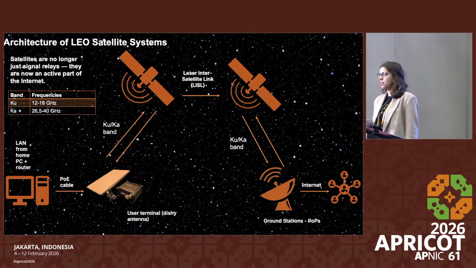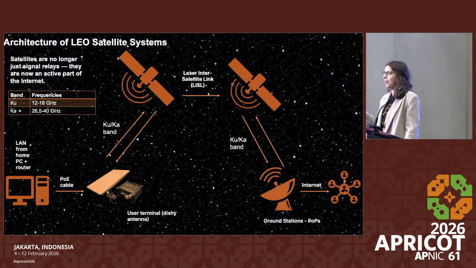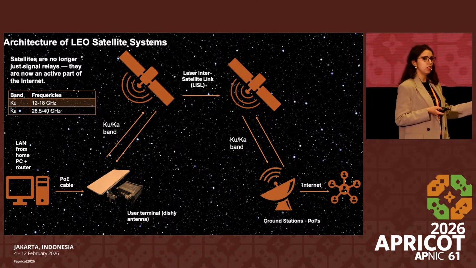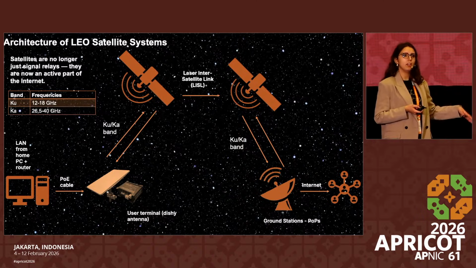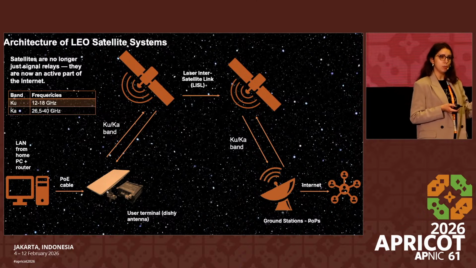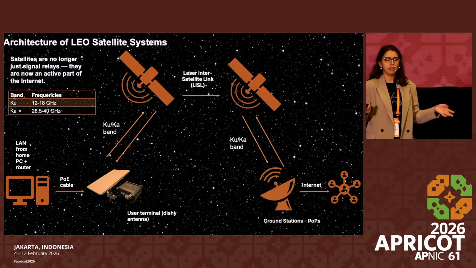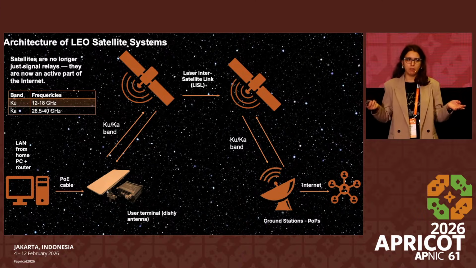Then our packets go over Ku and K band to the satellite. And if our satellite, let's say it's a lucky guy, sees the ground station near the Netflix server, then the packet goes to the ground station, then to the gateway, then to the point of presence, and enters the internet backbone and reaches its target, which is, for example, the Netflix server.